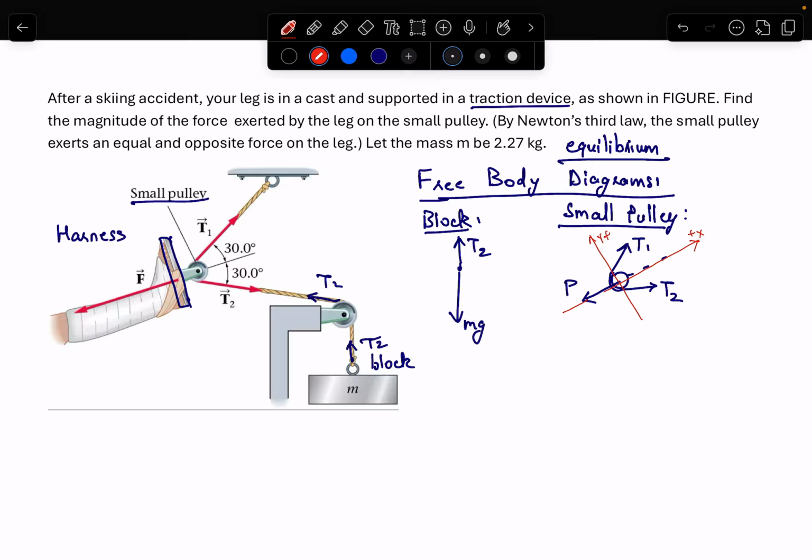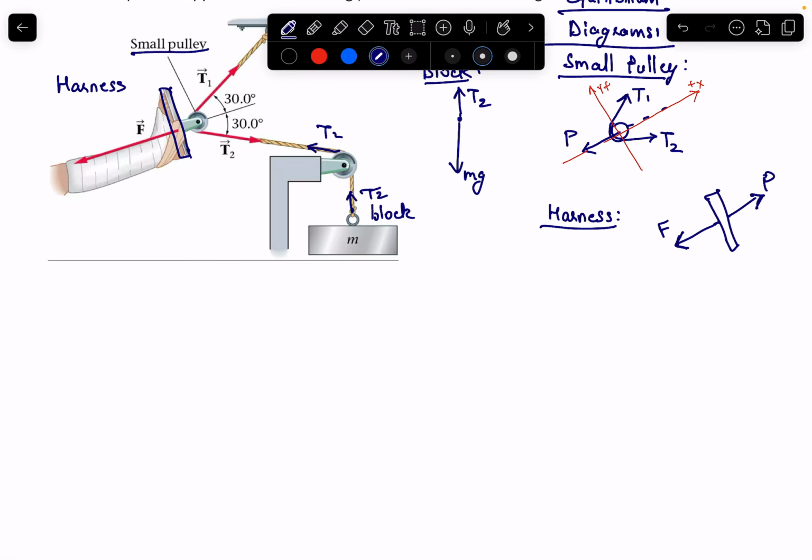All right. Now, let's look at the harness. If that is my harness, the pulley is pulling it with a force P, and then we are told that there is a force F acting on it because of the weight of the leg, right? So these are my free body diagrams.